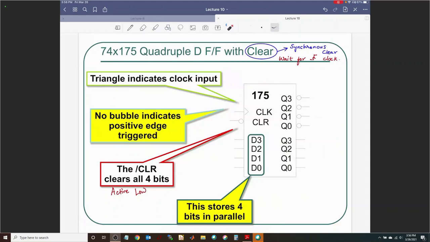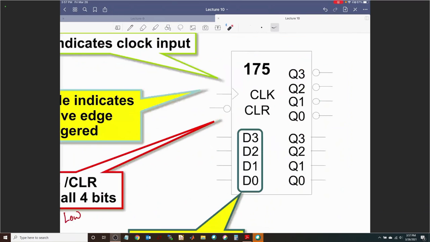It has to wait for the next positive edge of the clock to clear. Then you have D0, D1, D2, D3, which are going to function as 4 new bits that you can put into the register. Q0, Q1, Q2, Q3 are the 4 true form outputs of the register, which means the contents of the register. And then you also have the complemented forms of the same outputs, Q0 complement all the way to Q3 complement.